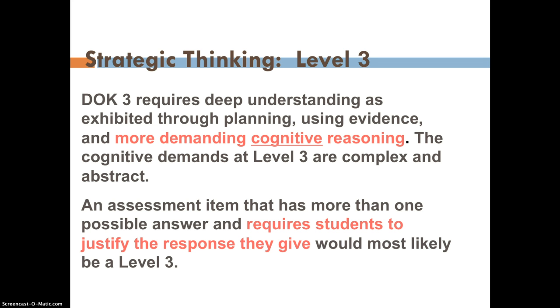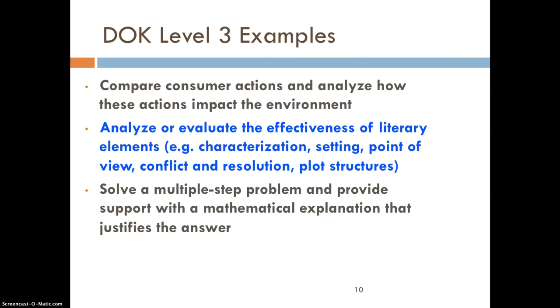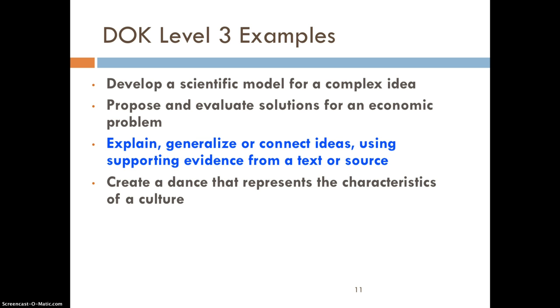It likely would require students to justify the response they give. Let me give you some examples of what strategic thinking might look like. Solving multiple step problems and being able to support the answers with a mathematical explanation, or to justify their responses to things. Here are some more examples.